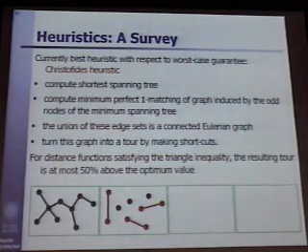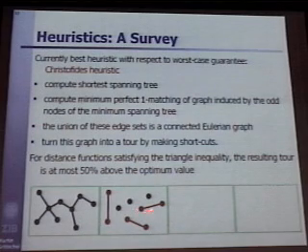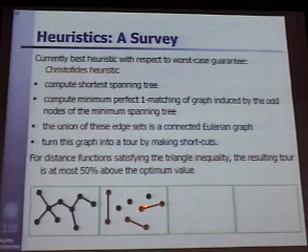Now there is a theorem in graph theory by Euler already that says the number of odd nodes is even. So you can always find a perfect matching, and you can prove that the shortest perfect matching is no longer than half of the shortest tour of a traveling salesman. So this is shorter than half of the shortest tour, and the sum of these two is no longer than 150% of the traveling salesman tour.